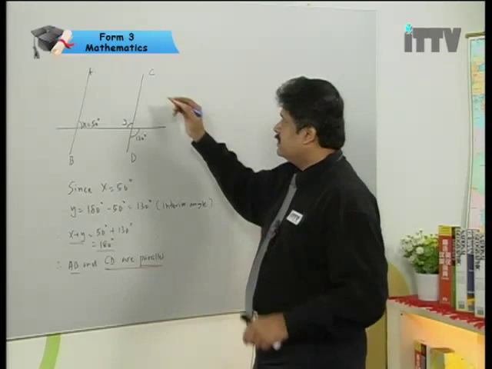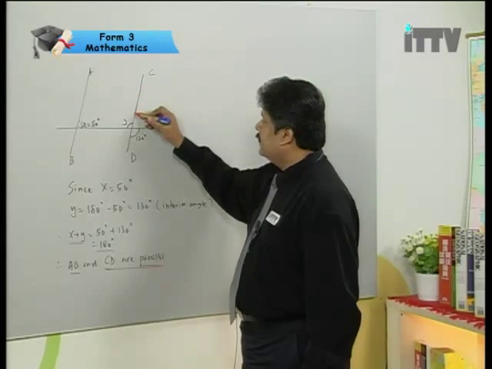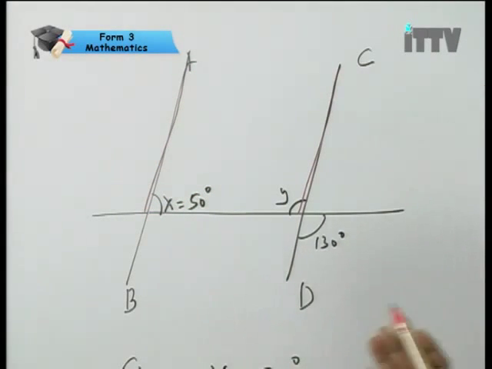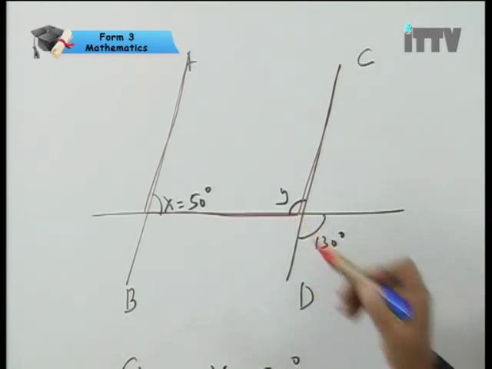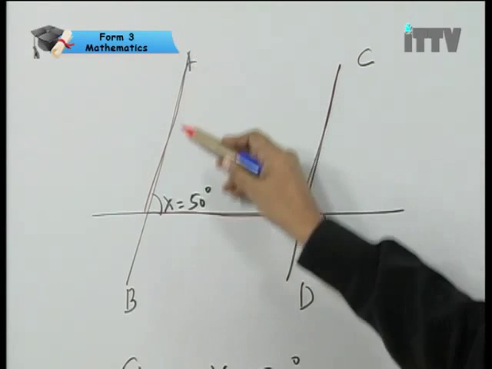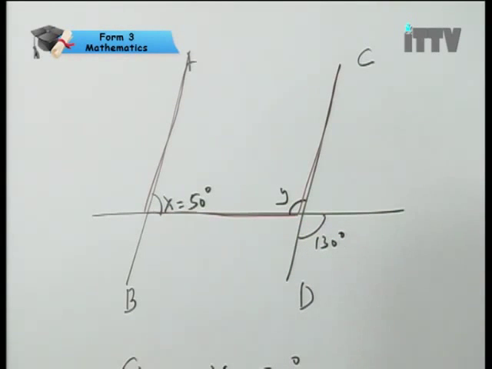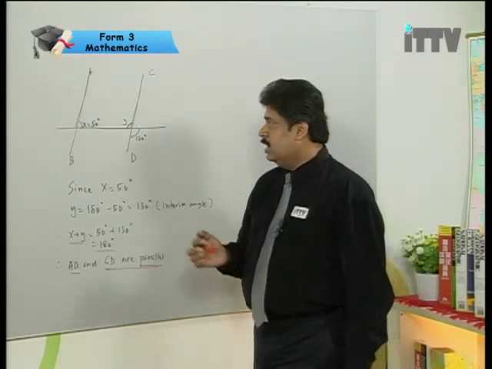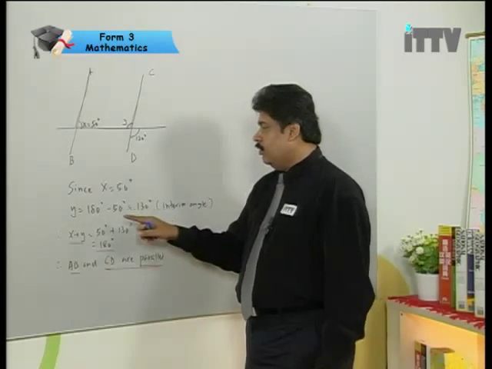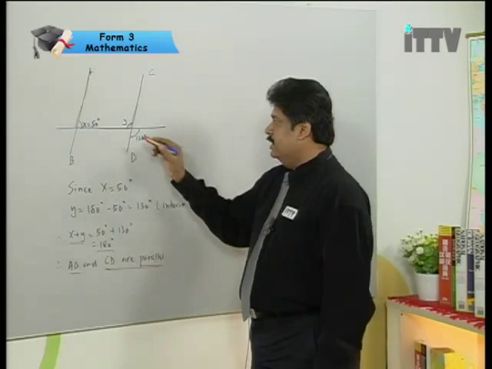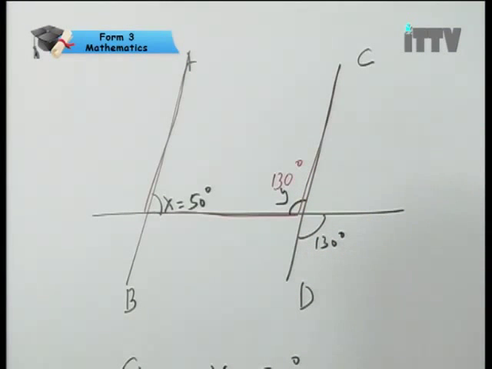We have two parallel lines that we are going to prove shortly, and we have another line across here. This is a squared U. Under the squared U principle, that is the interior angles, to obtain y, I take 180 degrees minus 50, I get 130 degrees. So therefore, y is equivalent to 130 degrees.